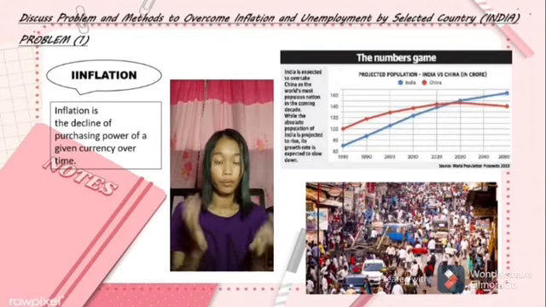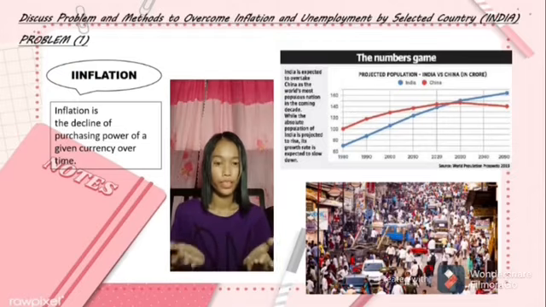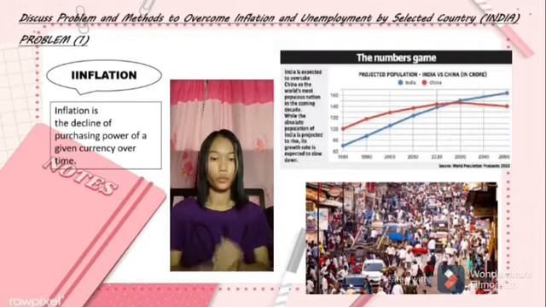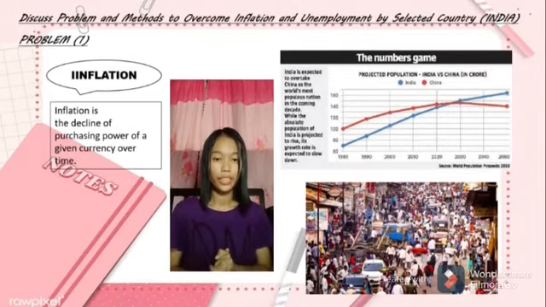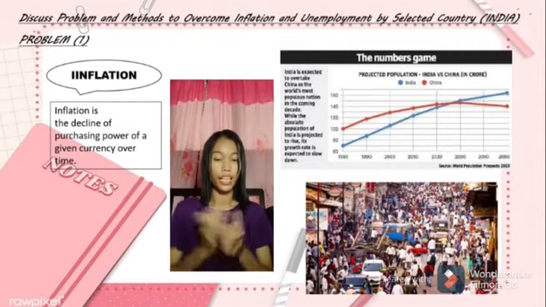For example, if the population grows at the same rate, the next generations will face problems of employment. There is a vacancy for one position in a company, but 100 or more apply, and only one gets the job and the others remain unemployed.